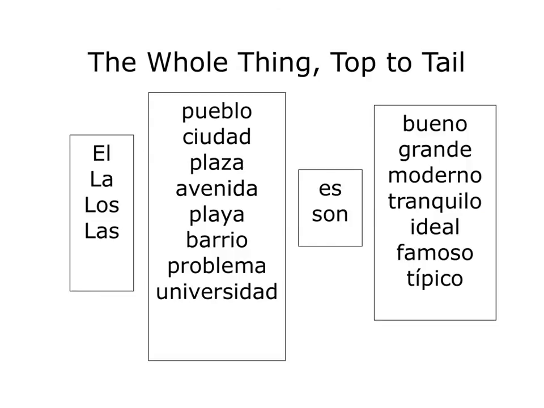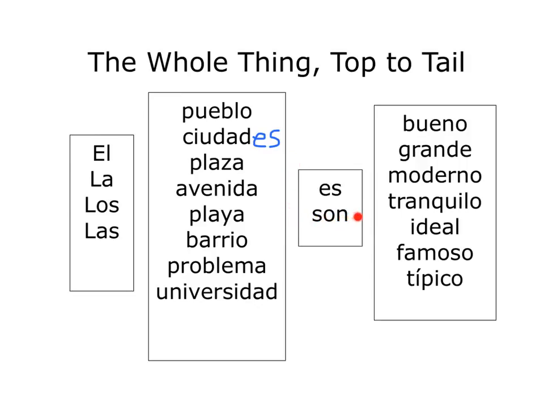Let's make something plural now. How about instead of one city, let's have more than one. So ciudades is plural. Is it masculine or feminine? Here's a hint. It ends in DAD. Las ciudades. The cities is or the cities are?